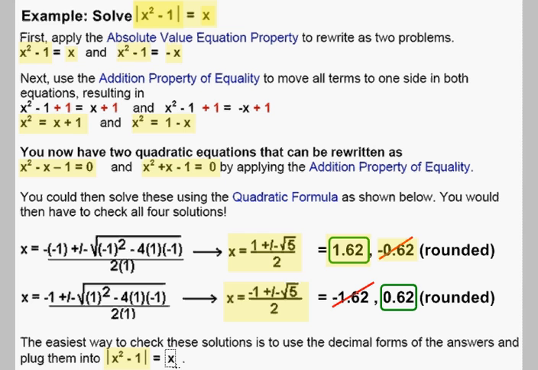There's no way a positive amount can equal a negative amount. In the second case, negative 1 minus the square root of 5 divided by 2 is negative 1.62. That one can't work, so I cross it off right away. It's a negative. And negative 1 plus the square root of 5 divided by 2 is 0.62. Now we still have to check those positive amounts.